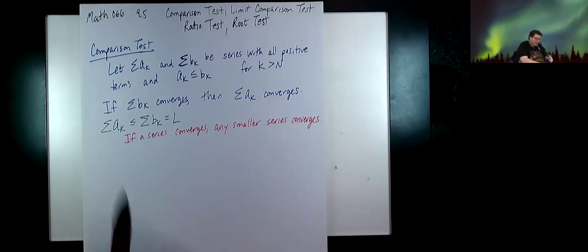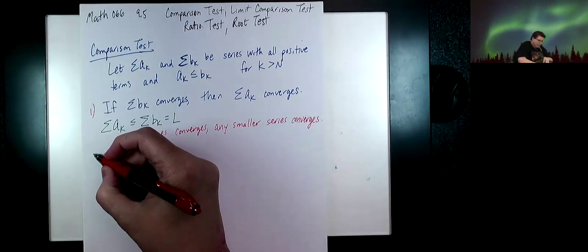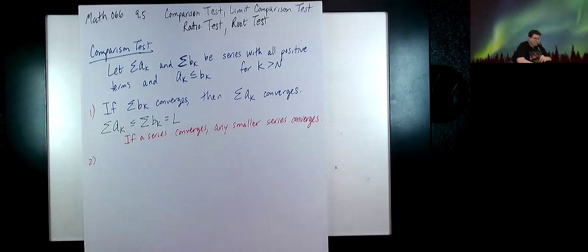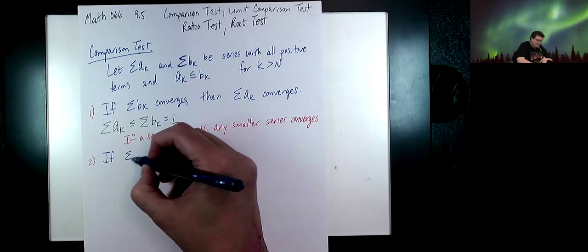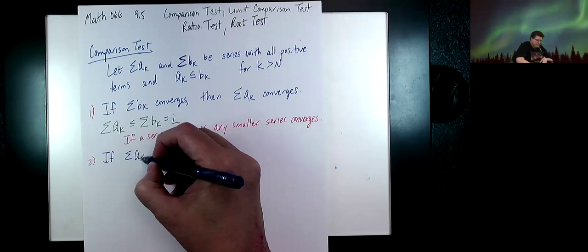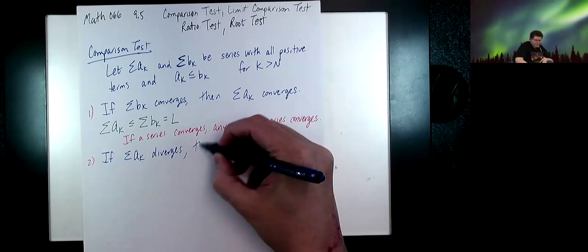And we'll call that part one. I was going to say A, but we've got A and B here. Part two. If a sub k diverges, then so does b sub k.